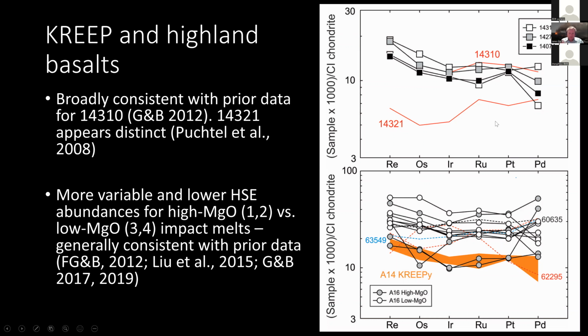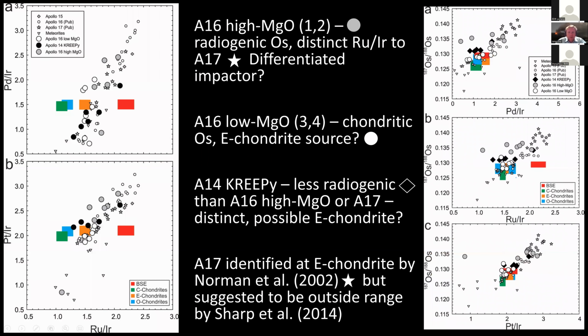We can also do all the things that have been done in previous studies. We can look at the composition of the potential impactors striking to form these deposits. One of the things that's really key here is to look at osmium versus, say, palladium or iridium. You can see significant differences between the low MgO Apollo 16 rocks and the high MgO Apollo 16 rocks.